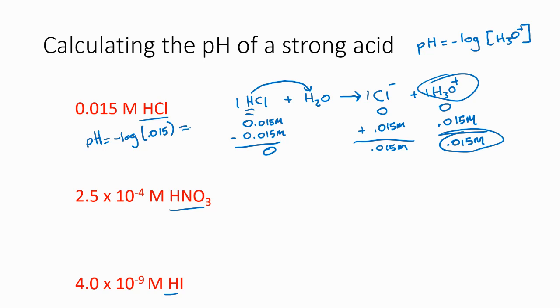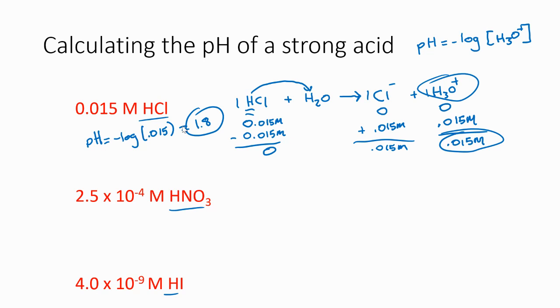In most cases, that's all you really have to do. So let me get my calculator out. Negative log 0.015, and I get a pH of 1.82. 1.8 is fine. Okay? Now, there's a lesson here.